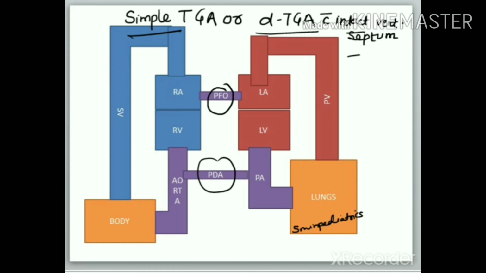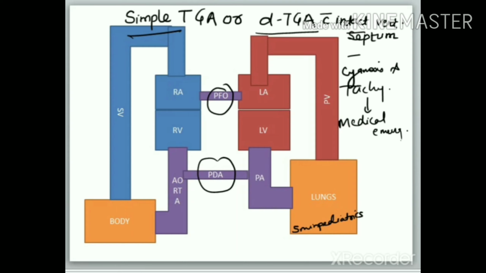After birth the PDA starts to close, so the PFO is the only way of communication, with only minimal mixing. So the child develops cyanosis and respiratory distress immediately, as not much blood is mixed through the PFO and the PDA gradually closes.